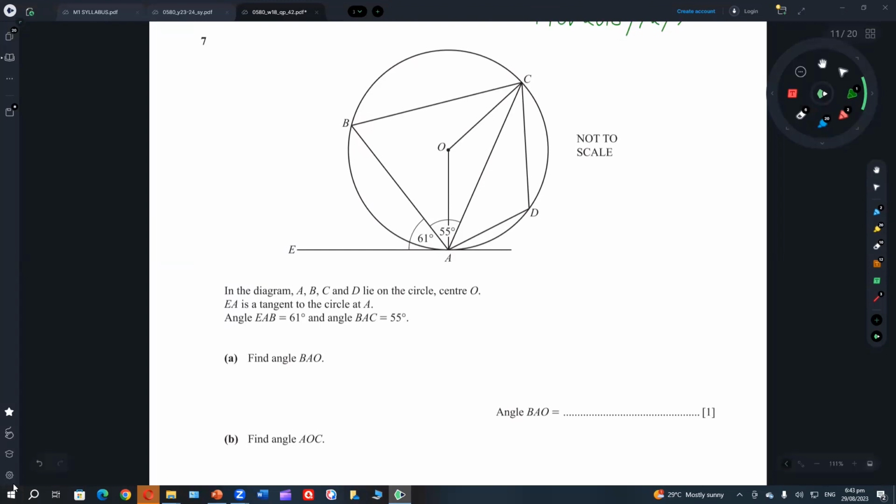EA is a tangent to the circle at A. So it means that this angle would be 90. You should work with me with pencil so you can rub it, because after one or two parts, this appears to be very smudged. This line is equal to this line because they are radii. It is asking to find angle BAO.